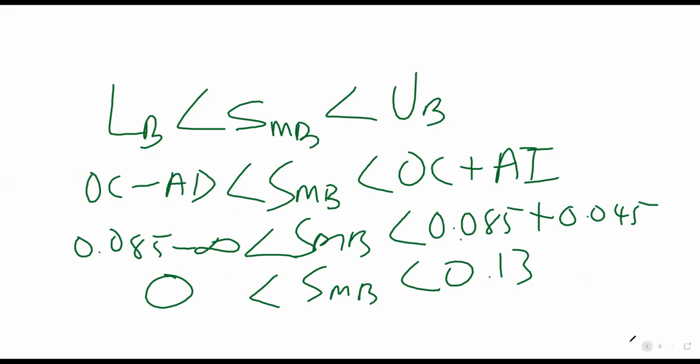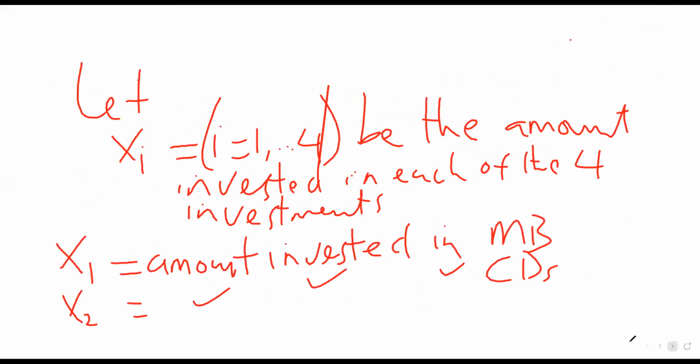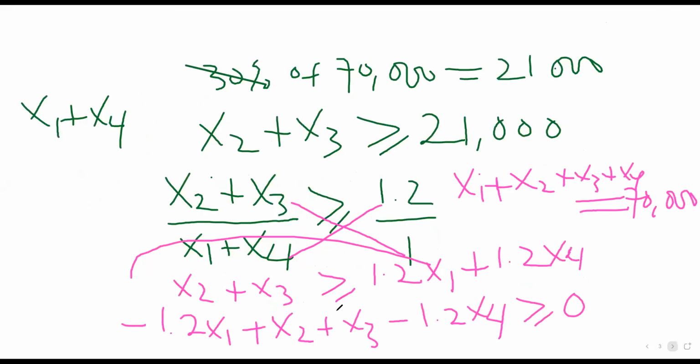Let me show you that formulation. Do you remember the last formulation? Municipal bonds is the first one, which is X1. The second one is certificate of deposit, so that is X1 and then X2.